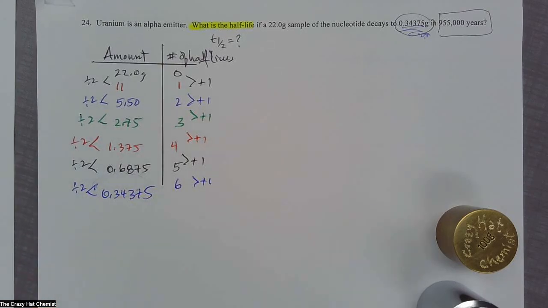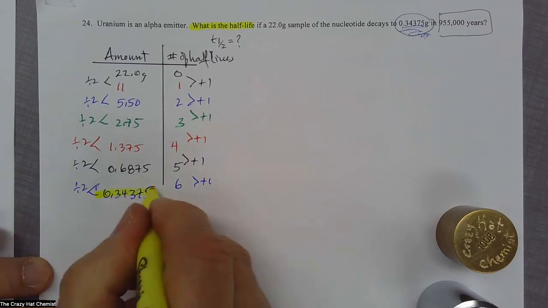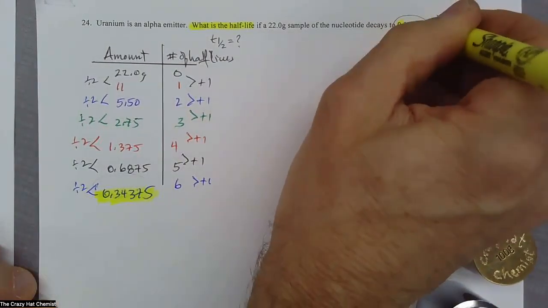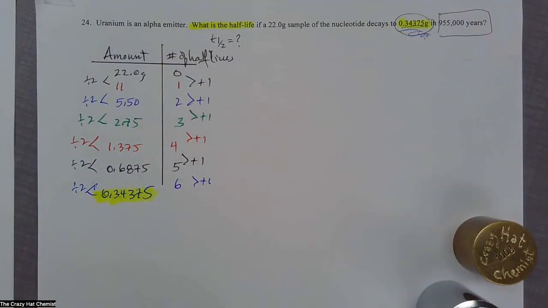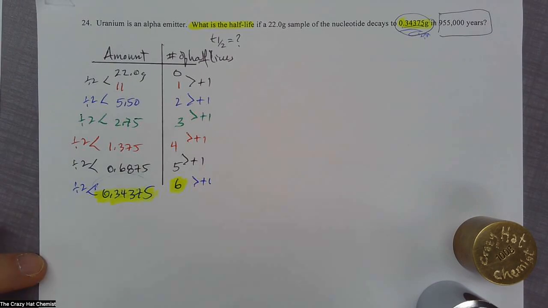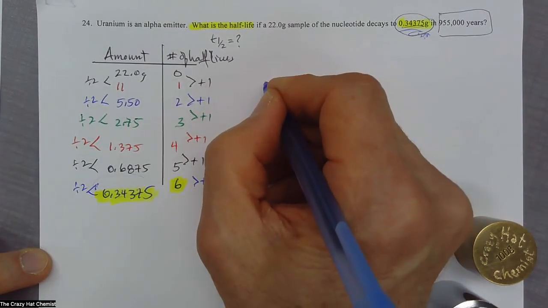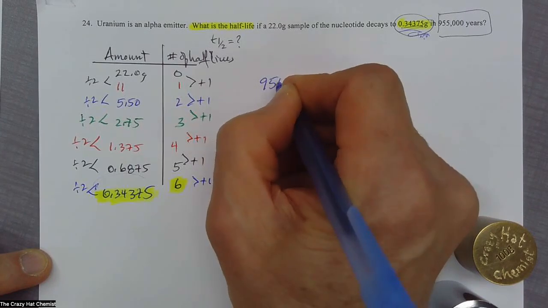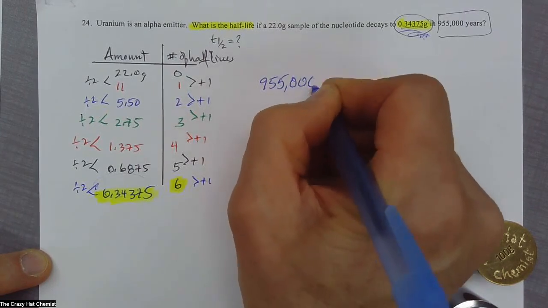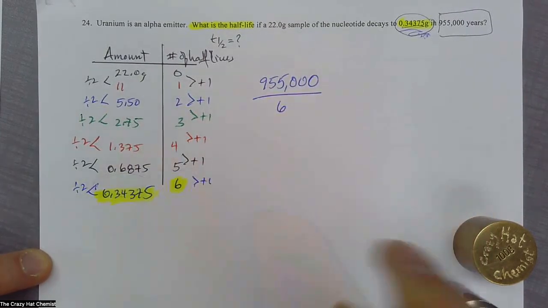0.34375. All right, fantastic. So this tells me the mass, which corresponds to this mass right there. Okay, and how many half-lives did that take? That took 6 half-lives. So the total time is 955,000 years, right? It takes 6 half-lives.